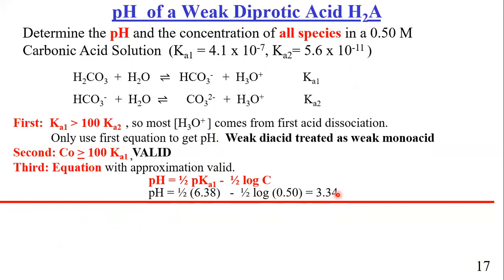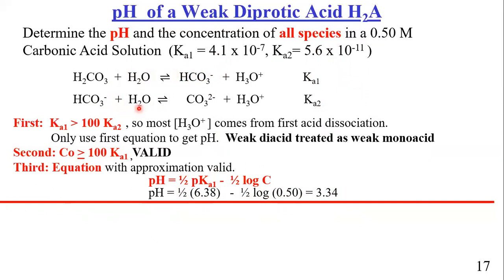There's a little bit of a catch to this, is they want the concentration of all species in the solution. What species do I have? Well, of course I have whatever species are coming from the first equation, and this HCO3 minus exists in both equations, but I get it from the first because whatever I lost through the second will be negligible.